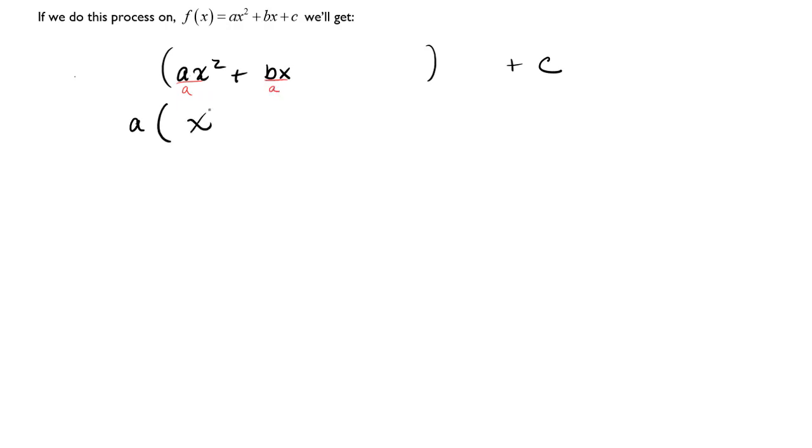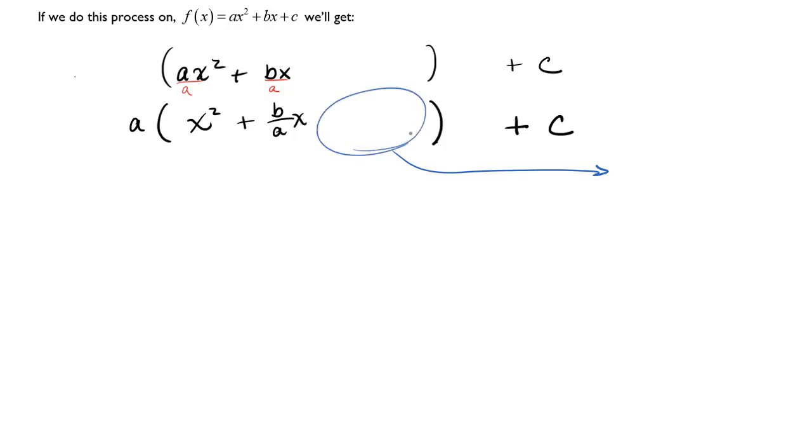This gives us a times the quantity x squared plus b over a x, and then we need to find the third term in our quadratic and insert it and then subtract it on the outside.